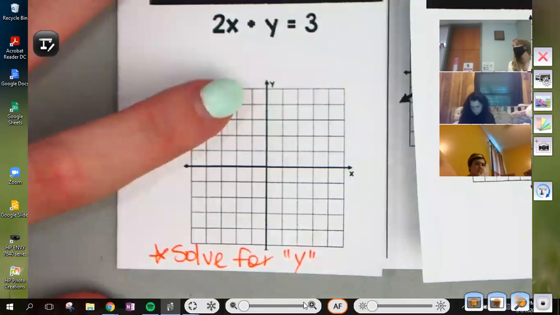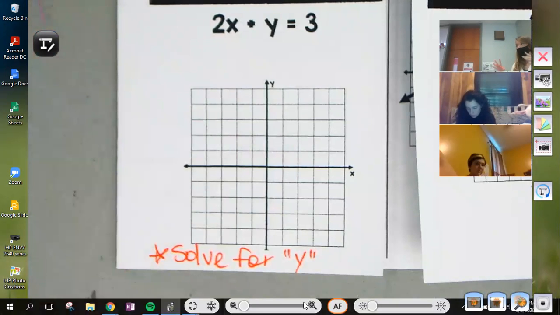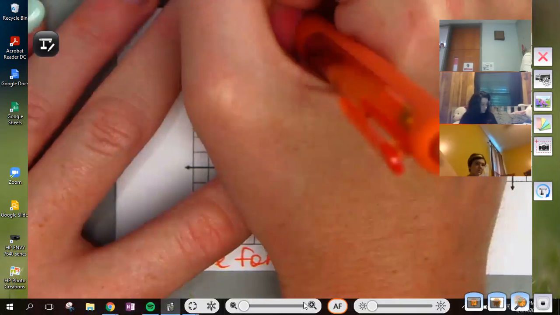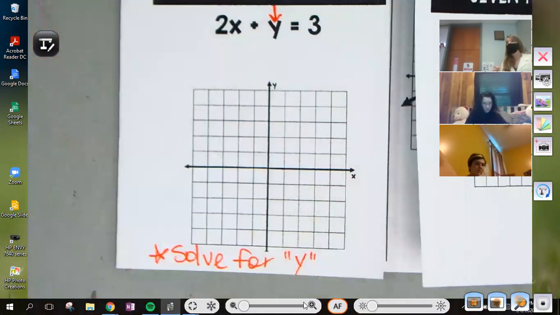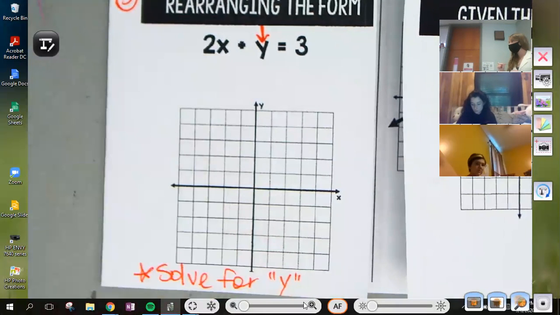So this is just like solving equations, only this time we have two different variables. All the same procedure, nothing changes. We're solving it for y. I need everyone looking up here because you're going to have to do this on your own in a second.